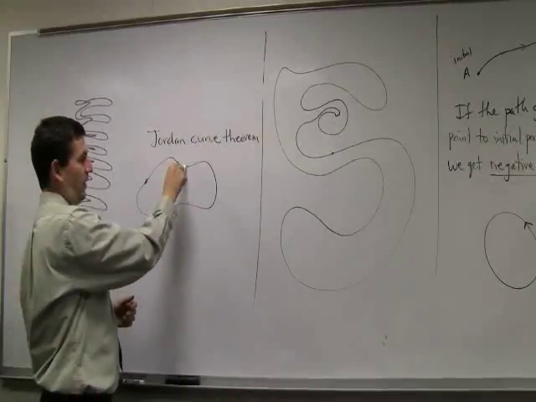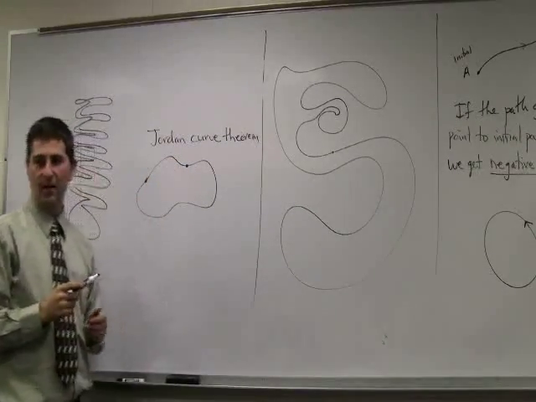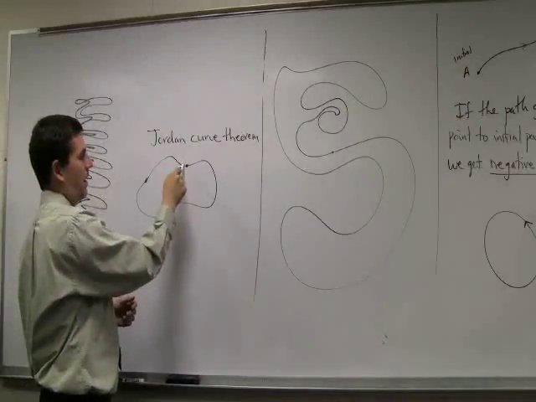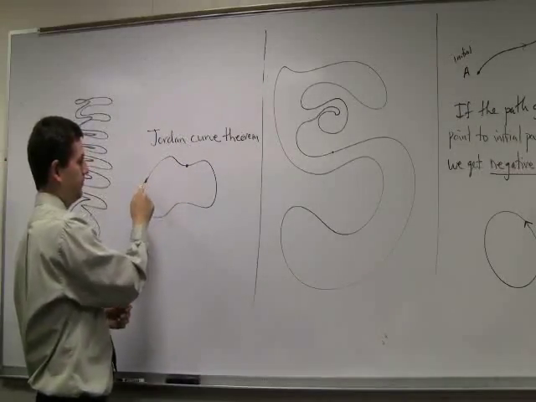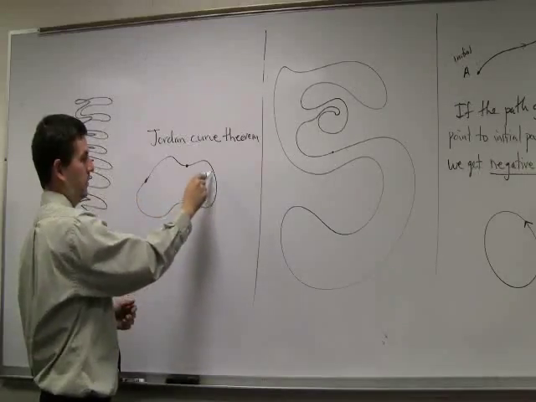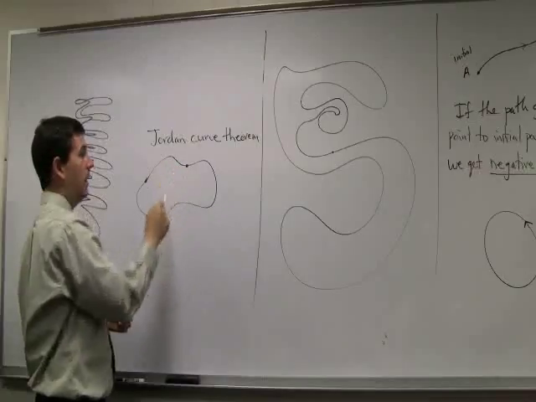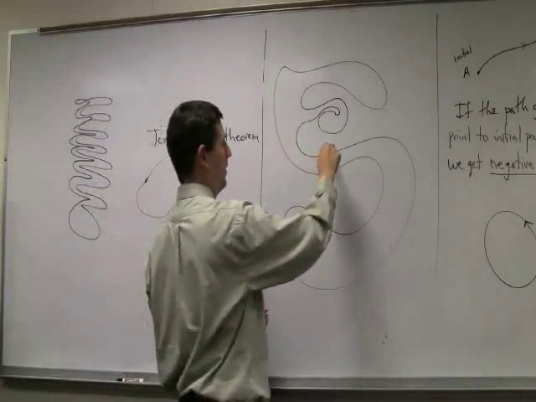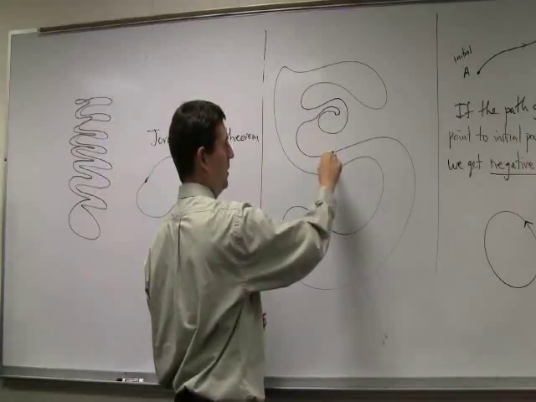So one nice thing is once you know there's an inside and an outside, if you're going counterclockwise along it, where's the inside? Always to your left. It doesn't matter where you are on any of these curves, the inside is always to your left.